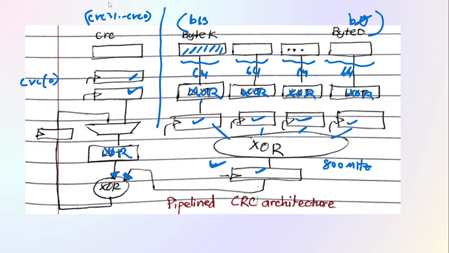Once I XOR those two and flop, that is my CRC output. Then I feed it back in for the next clock cycle, and this goes on and on. This approach is also known as the pipelined CRC approach, and you will see it used everywhere, whether I use tables or functions, it doesn't matter.